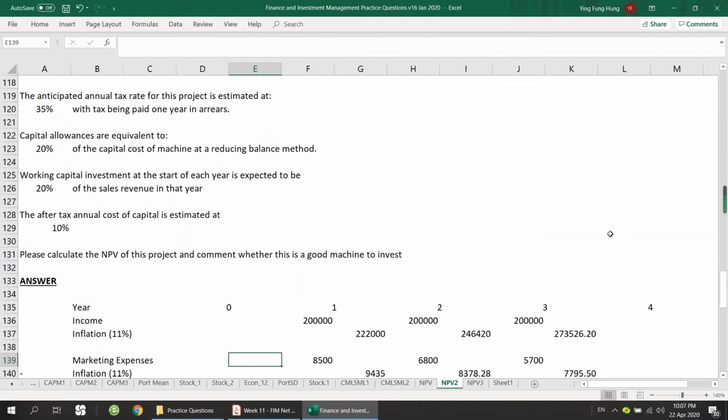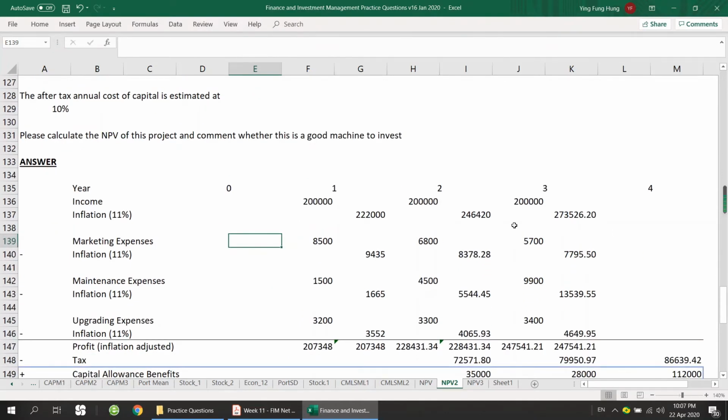In this case, for the profit that we earn in the first year, which is this 207,000, we have to pay a tax of 35%. However, this amount of tax we are not going to pay immediately in year 1. It is actually required to pay in year 2.